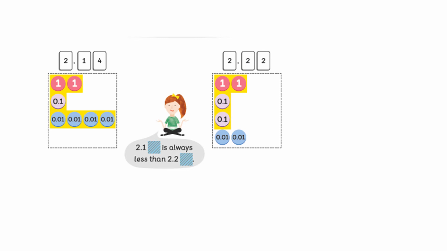I'd write it like this. I would say that 2.22 is bigger than, remember that crocodile eats the bigger number, 2.14. There we go.